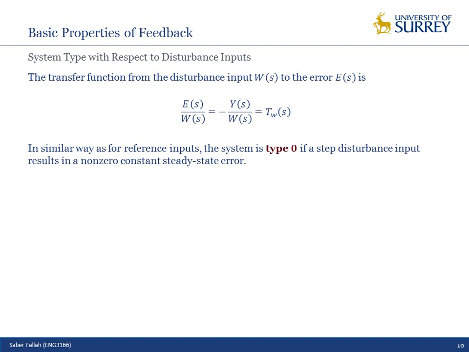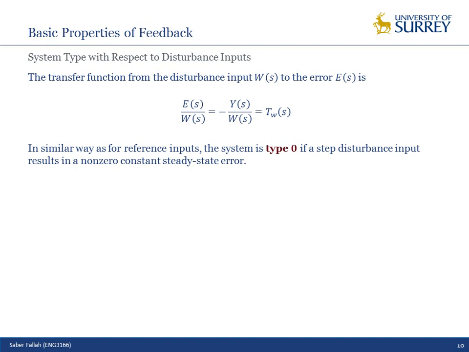The system is type 0 if the response subject to the step disturbance input is a non-zero constant value. Okay? So based on the type again, using the system type, we can have a rough estimation of steady state error based on the type of the input.